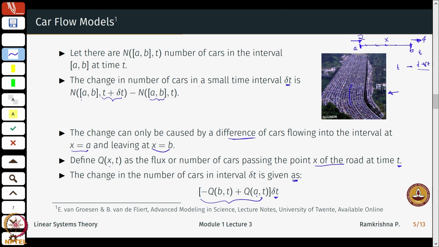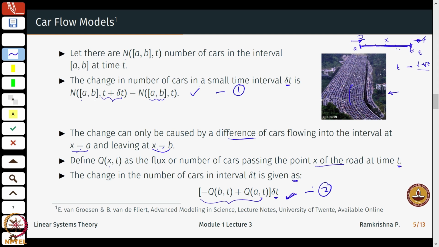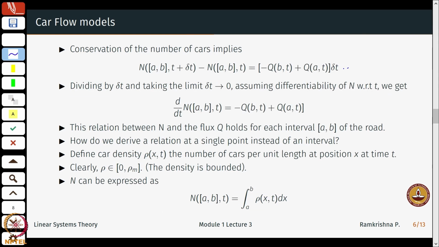Now, this change is equal to this change, because here I am just counting what is happening between points a and b, and I know that the change that happens between points a and b is only governed by what happens at x equal to a and x equal to b. Okay. That I quantify as this number. So, this 1 is equal to this 2, and that is what I write here.